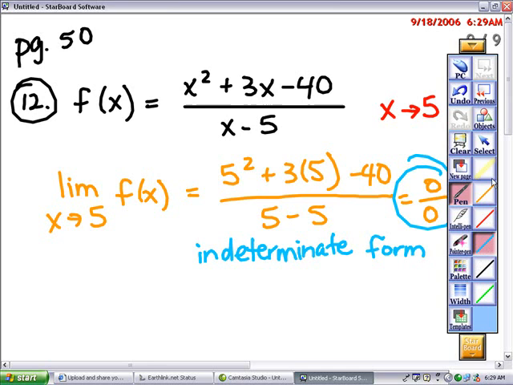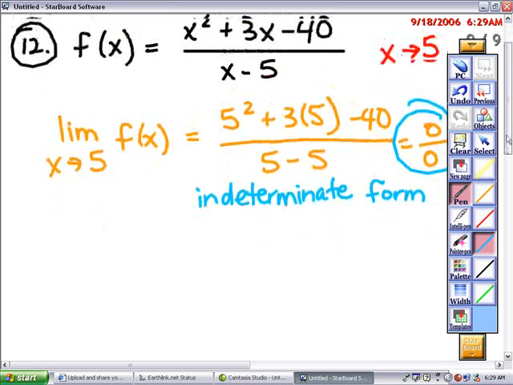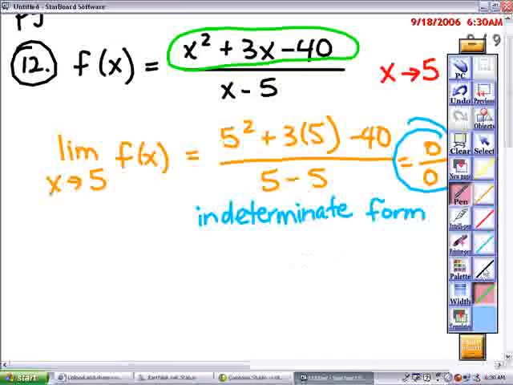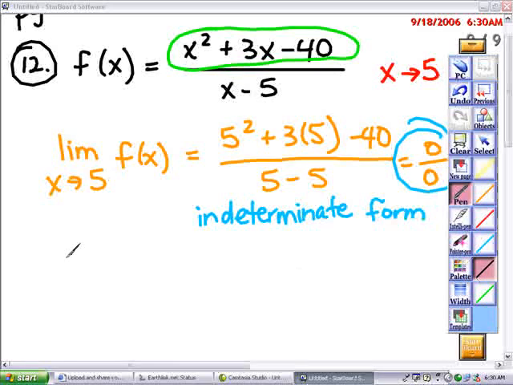So if we come across an indeterminate form, what we need to do is factor the numerator and see if we can somehow simplify, because we have a hole in our graph and we need to eliminate that in order to evaluate this limit.